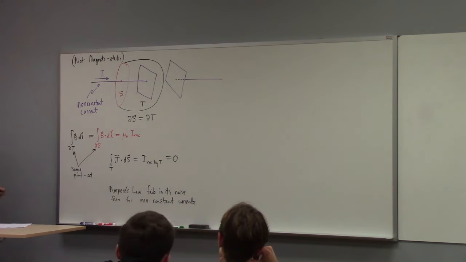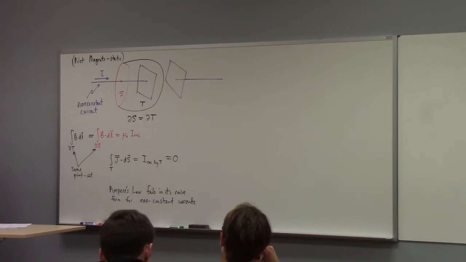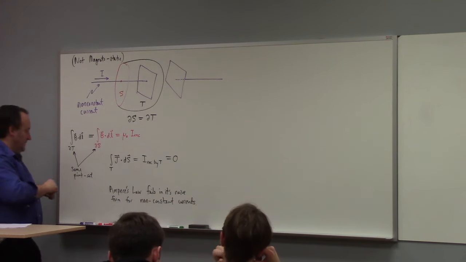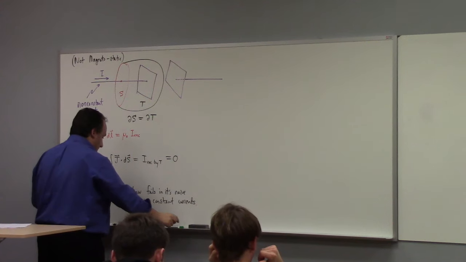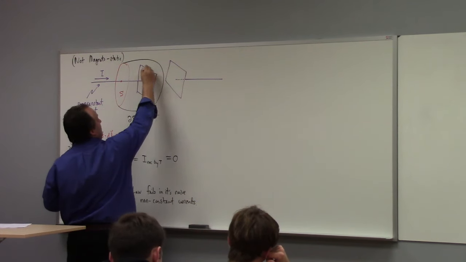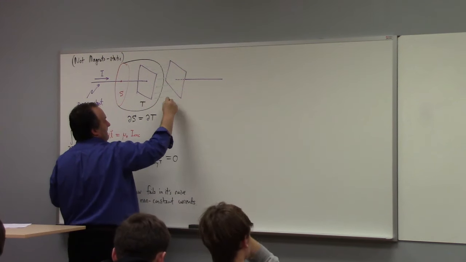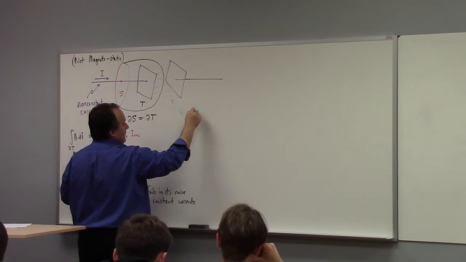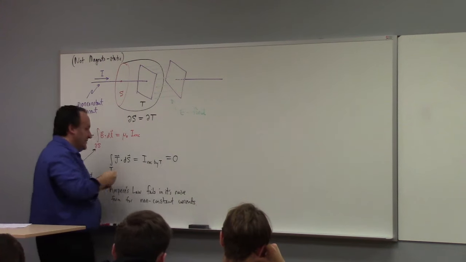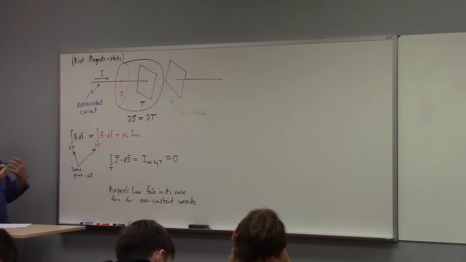So what gives? Well, let's think about this. The electric field is getting built up here, right, between these plates. And so the idea that was invented by Maxwell is to think of the electric field that's also changing, right?